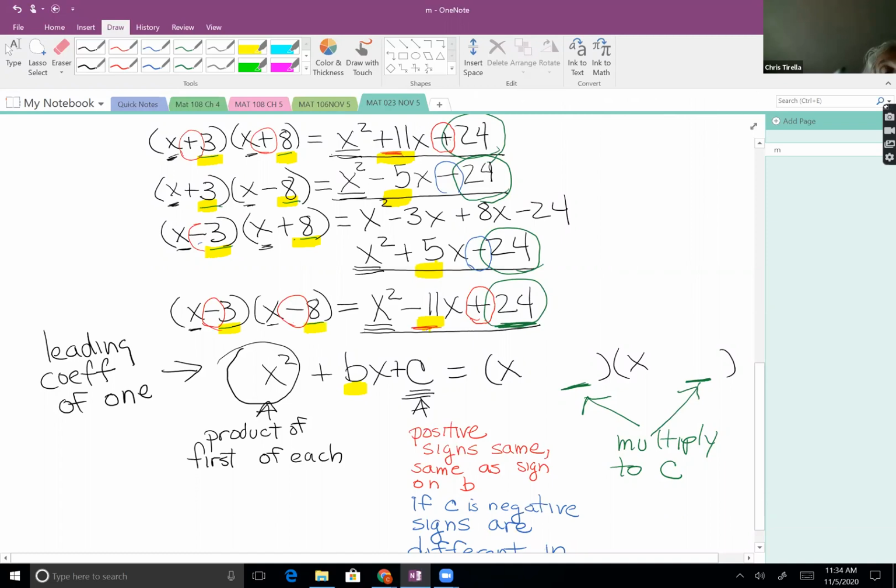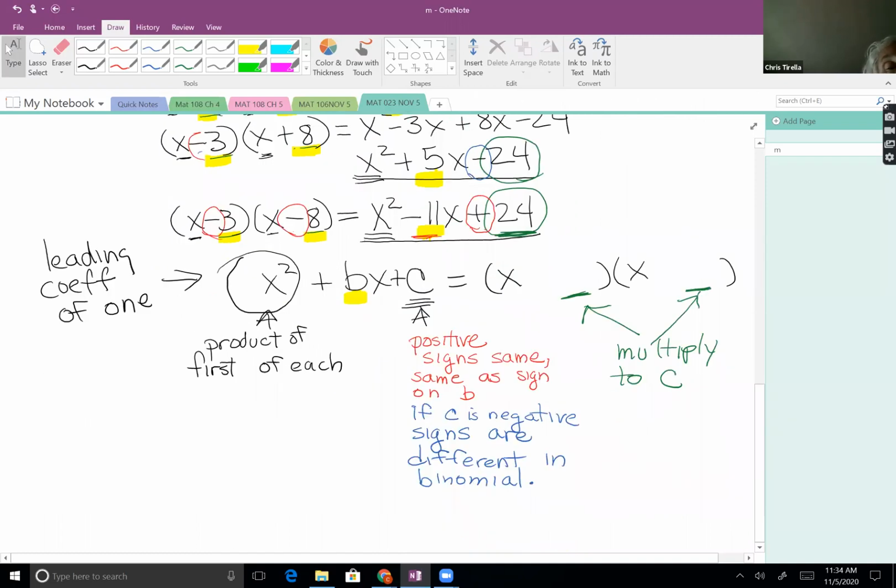And so b is the sum of the constants. And so those two numbers multiply to c, but those two numbers add to b.